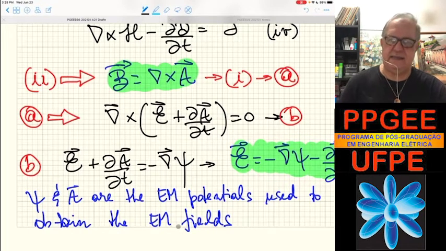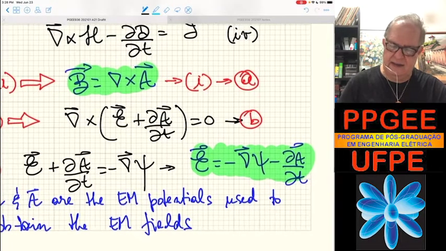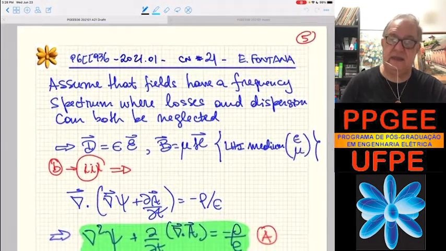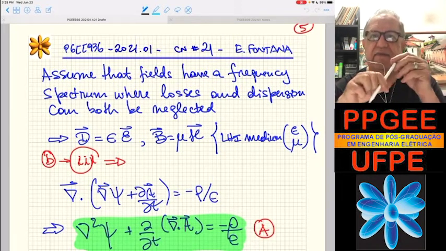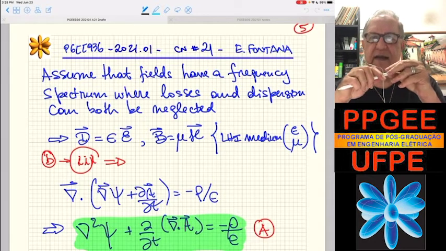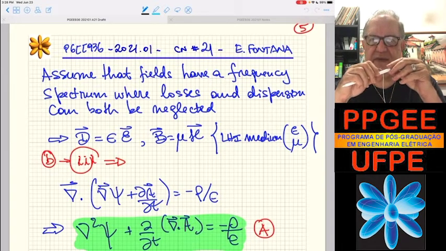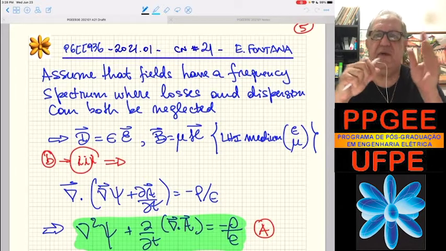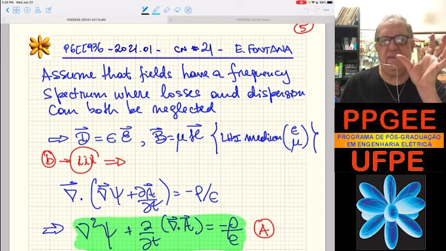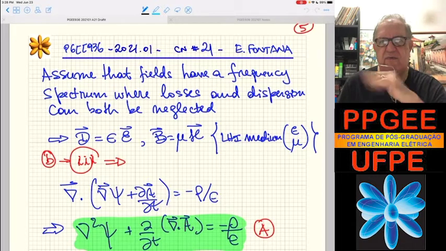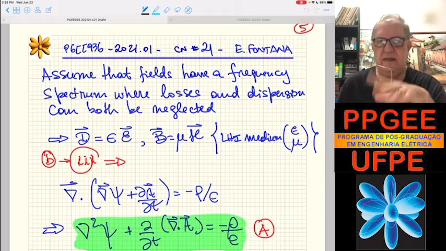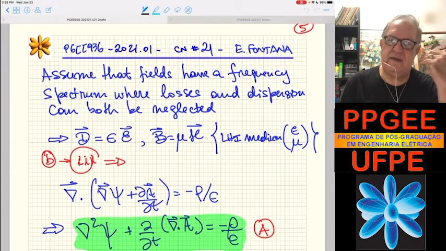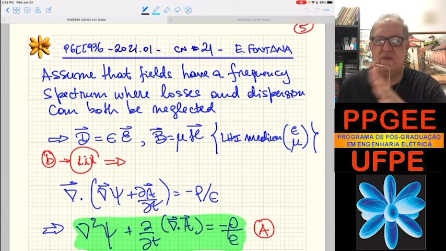Let's assume that, again, we are going to see that materials have varying properties as a function of the driving frequency. If you have a broadband signal that has several frequency components, the permittivity and the permeability will very likely change with frequency.